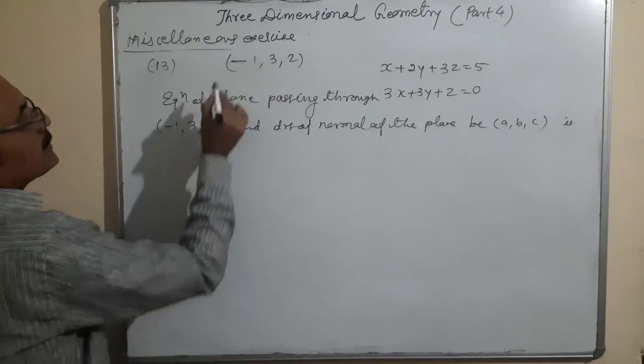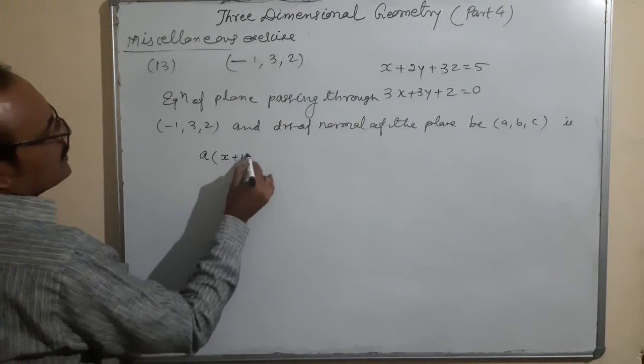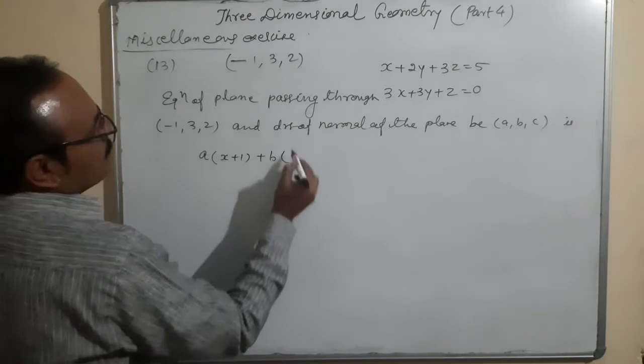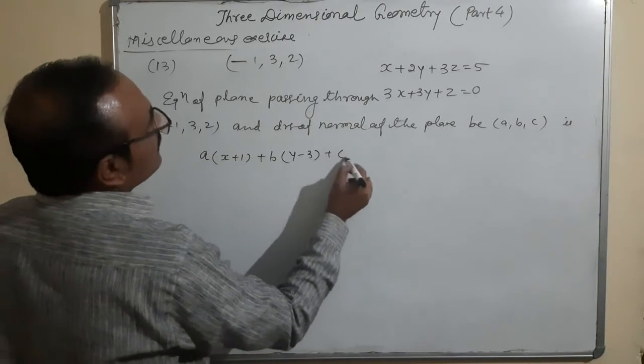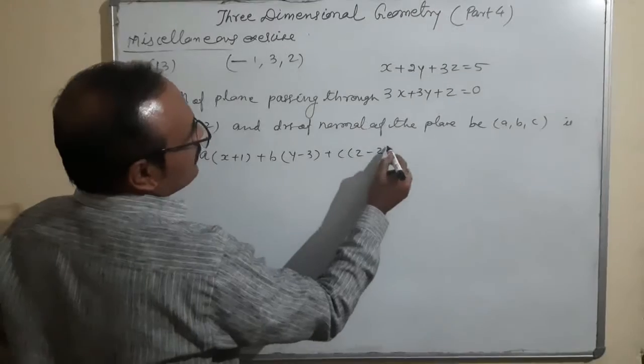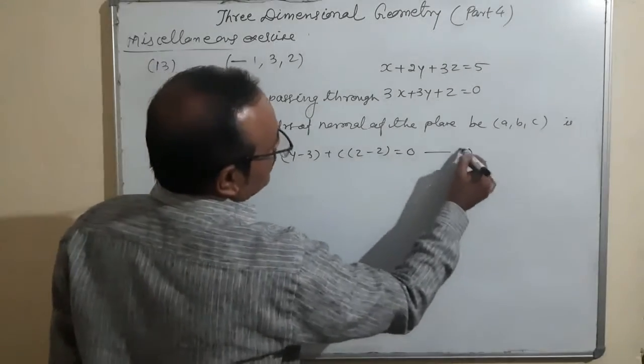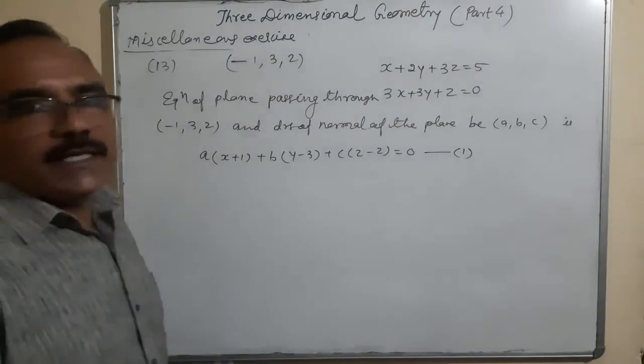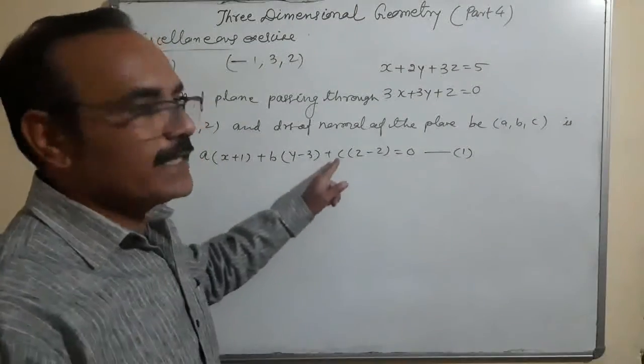A(x minus x1), that means A(x plus 1) plus B(y minus 3) plus C(z minus 2) is equal to 0. This is equation number 1. Now finally we are finding the values of A, B and C and substituting here.